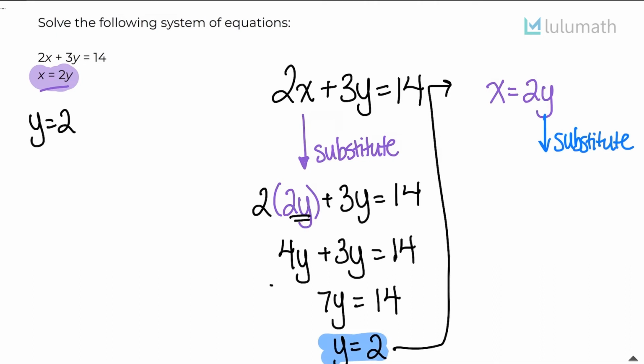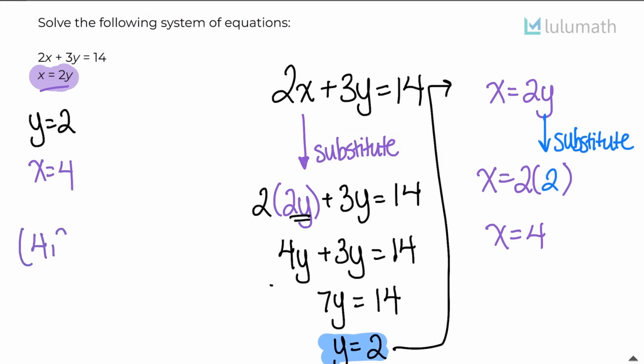So here we can say x equals 2 times, I'm going to replace that y with a 2 right here, which means that x equals 4. So now that we know what x is and we know what y is, we can say that the value that satisfies both equations is 4, 2.